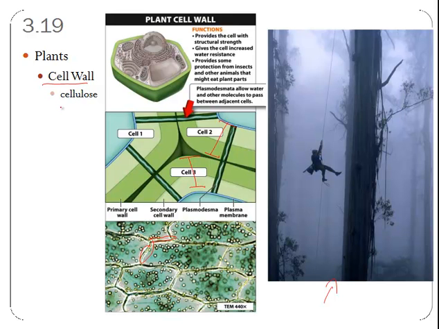And cell walls are composed of something called cellulose. Cellulose is pure sugar. It's glucose units linked together. The problem with cellulose is we can't digest it. We don't have an enzyme capable of breaking apart that particular bond that's in cellulose. So if we eat cellulose like grass, it comes out as, well, grass.